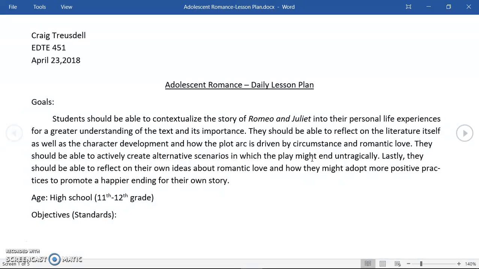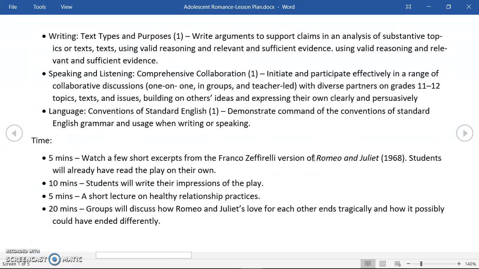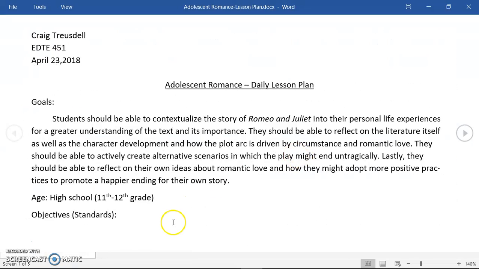And hopefully they would understand the play itself better, but also the idea of how healthy and unhealthy relationships can make a massive difference, not only in literature, but in our own lives. So this would be most appropriate for a high school context because of the subject matter. And of course, Shakespeare is a little difficult to understand for people who don't have a high level of context.